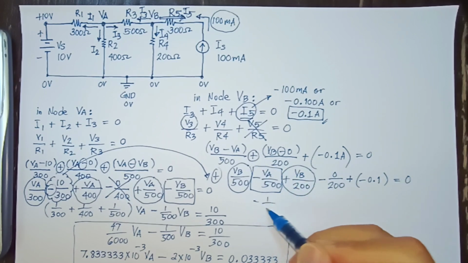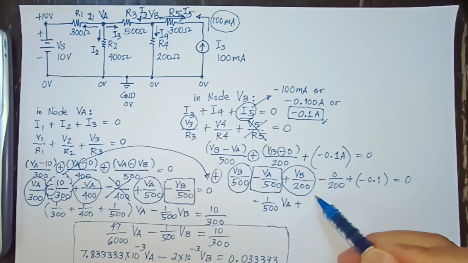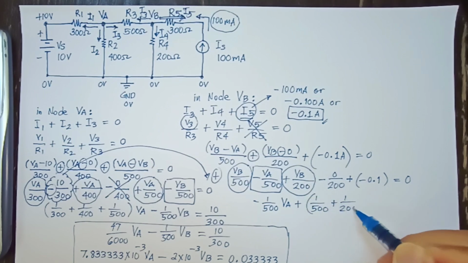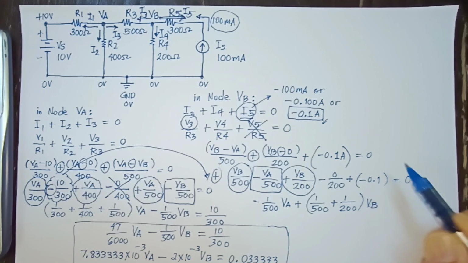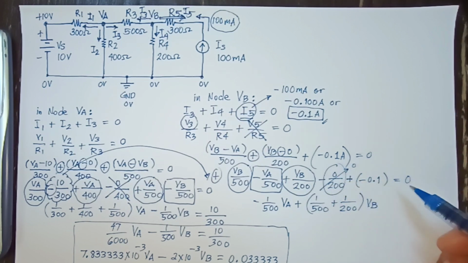Because we only have one VA, let's drop here minus 1 over 500 VA, plus let's add the fractional part of VB, 1 over 500 plus 1 over 200 multiplied with VB, and there you go. And then the constant 0 we can cancel, and the plus and minus here would be minus 0.1 equals 0.